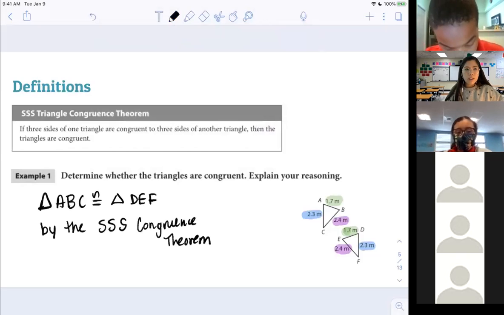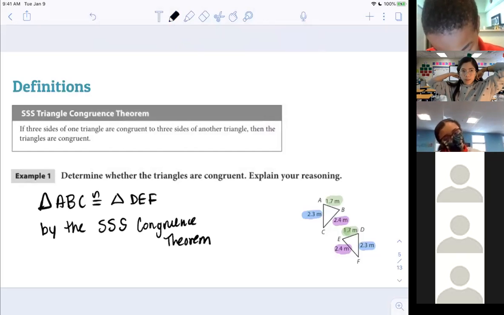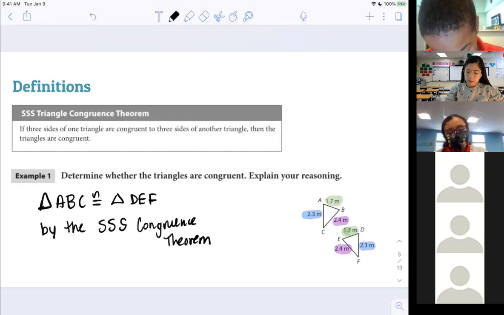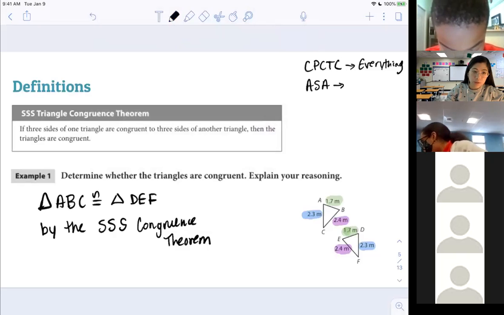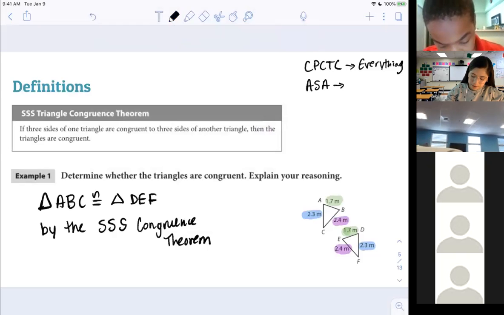All right. So those are almost all the theorems. There are 2 more that we'll hit next week. But so far, let's list them all. We've done CPCTC, which is everything must match. Then we have ASA, which is 2 angles and the included side.